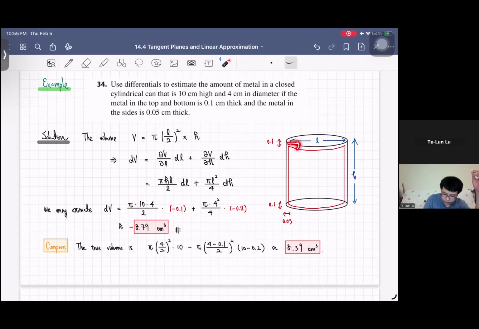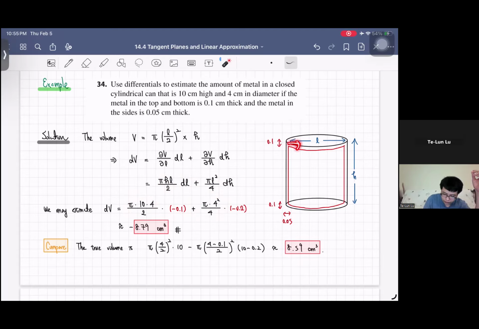You can do the same thing by inflating the can. In that case, we start from the interior. The height will become 10 minus 0.2, and the diameter will be 4 minus 0.1. And now this will be positive 0.1.